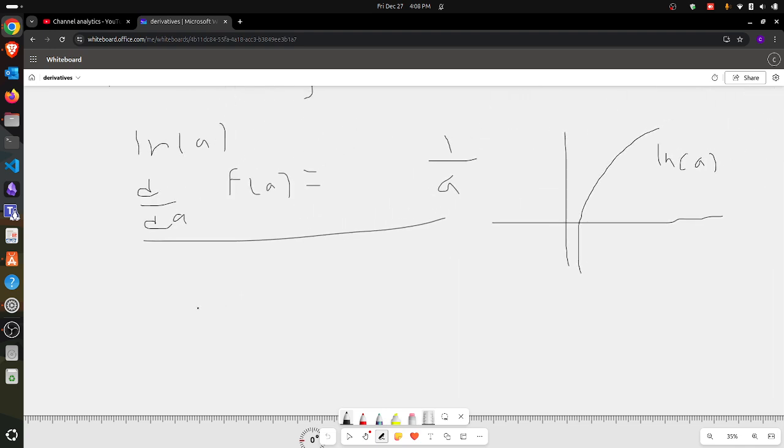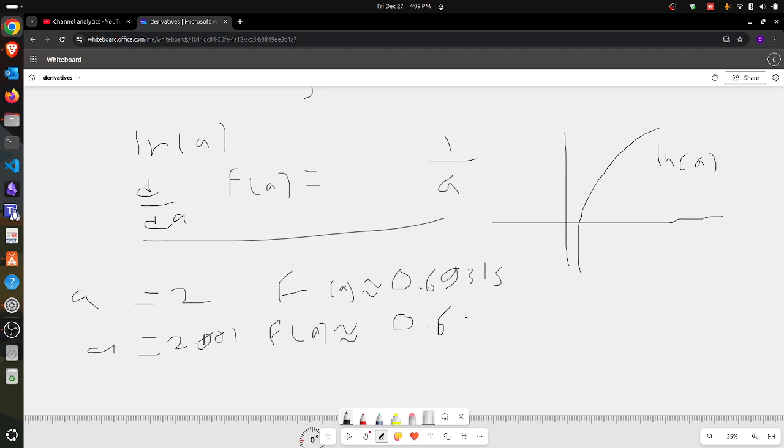When a is 2, then f of a is almost equal to 0.69315, and when a is 2.001, then f of a is slightly equal to 0.69365. So you can see the difference.